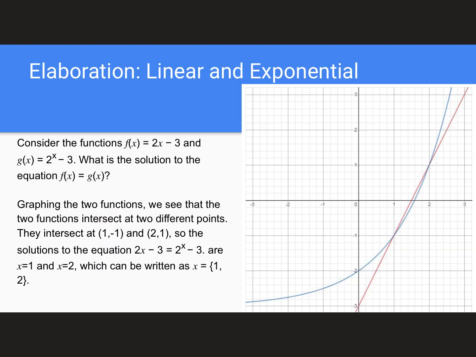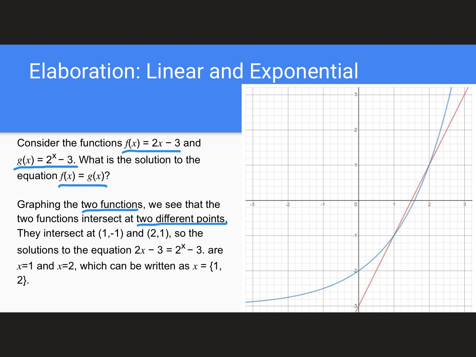Okay. Finally, I want you to consider the functions f of x equals 2x minus 3 and g of x equals 2 to the x minus 3. What is the solution to the equation where f of x equals g of x? Okay, if you graph the two functions, we can see that the two functions intersect at two different points.